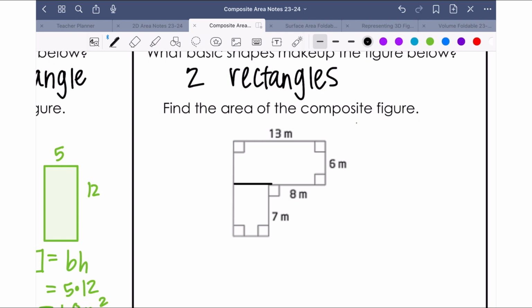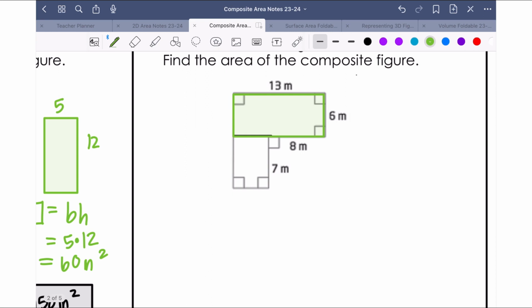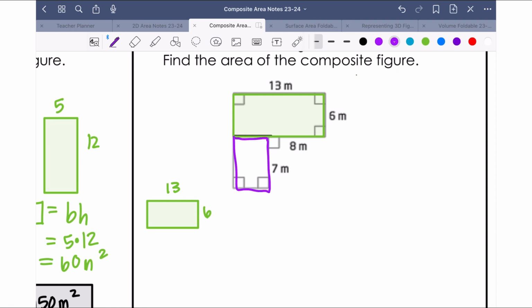Okay, so for this rectangle, let me use color. For this one, I'm going to draw first. Okay, so I know the base is 13, the height is 6. And then for this one, do it over here.